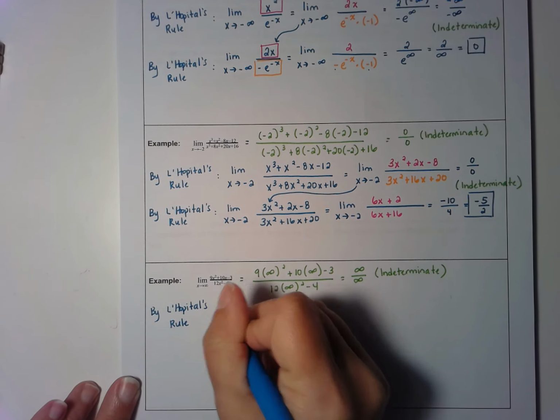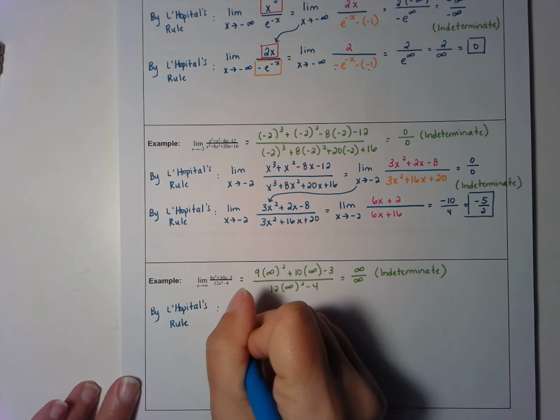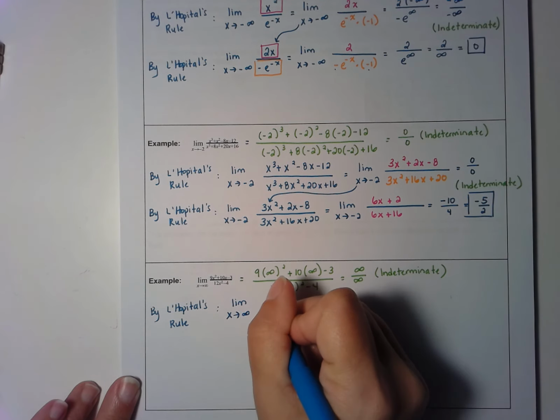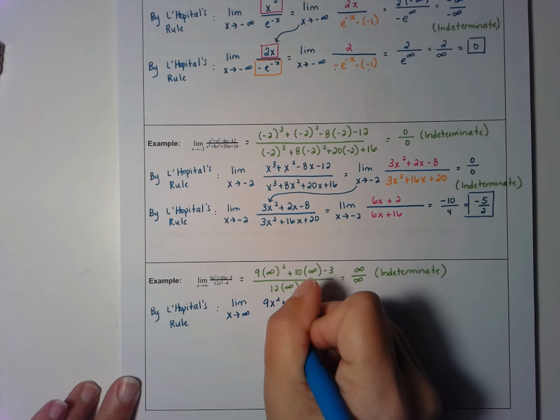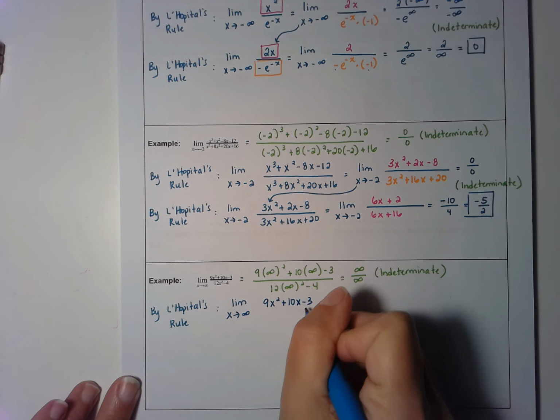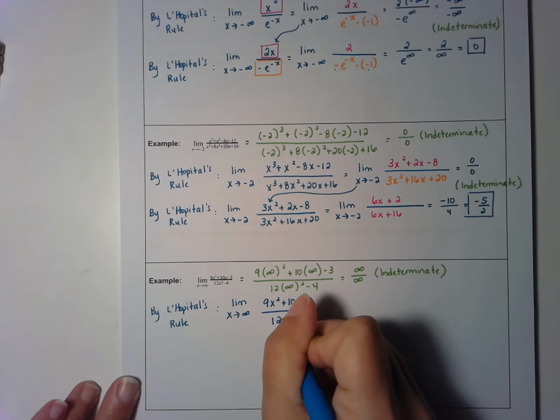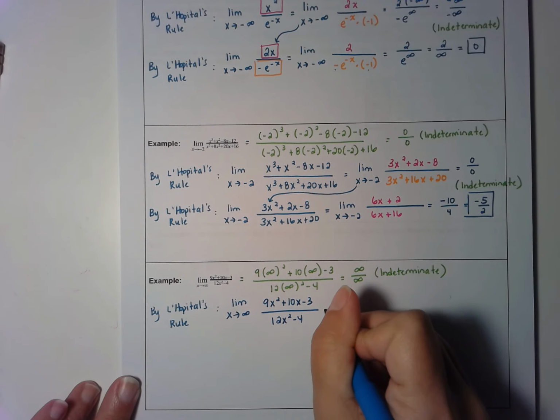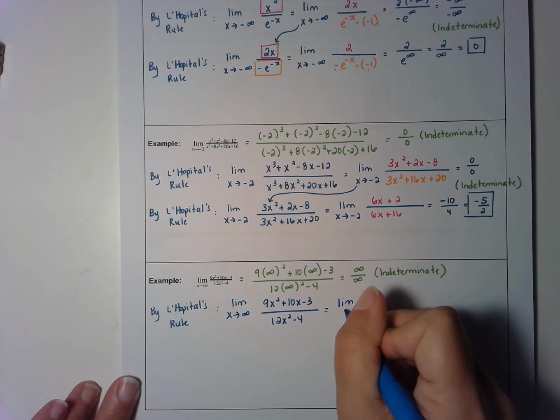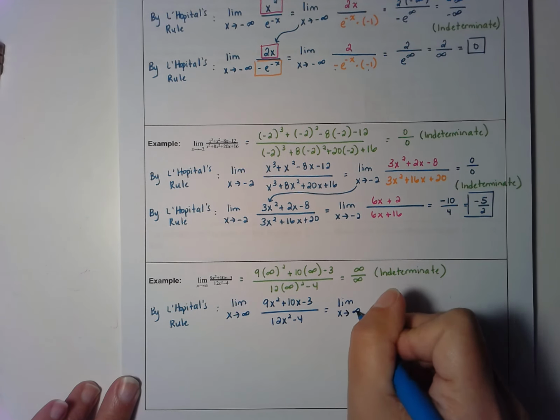the original limit that I was trying to find, the limit as x approaches infinity of 9x squared plus 10x minus 3, all over 12x squared minus 4, would be equal to the limit of the derivatives.